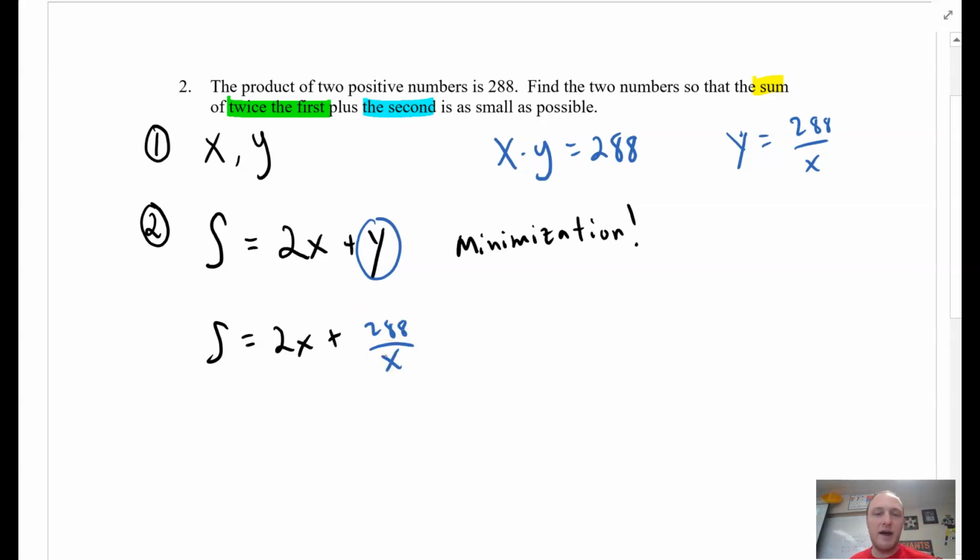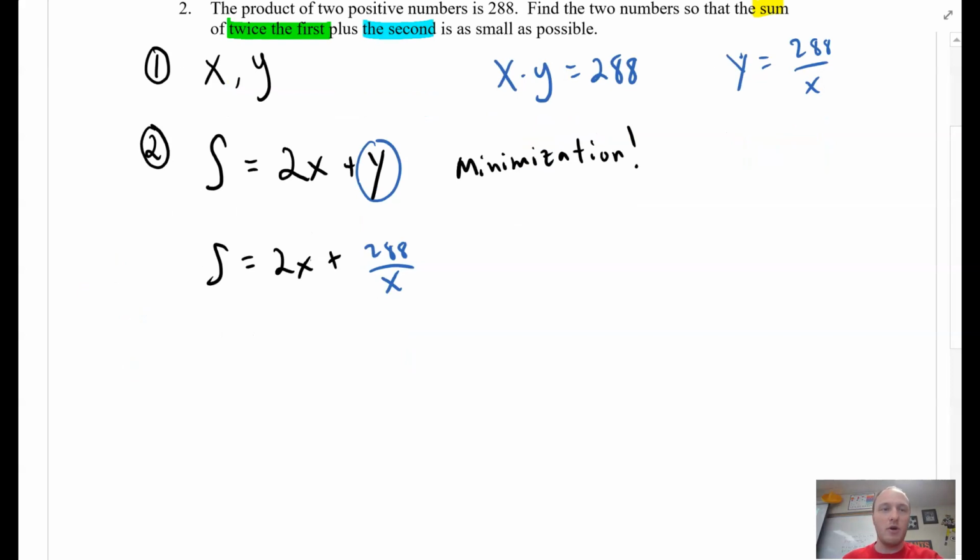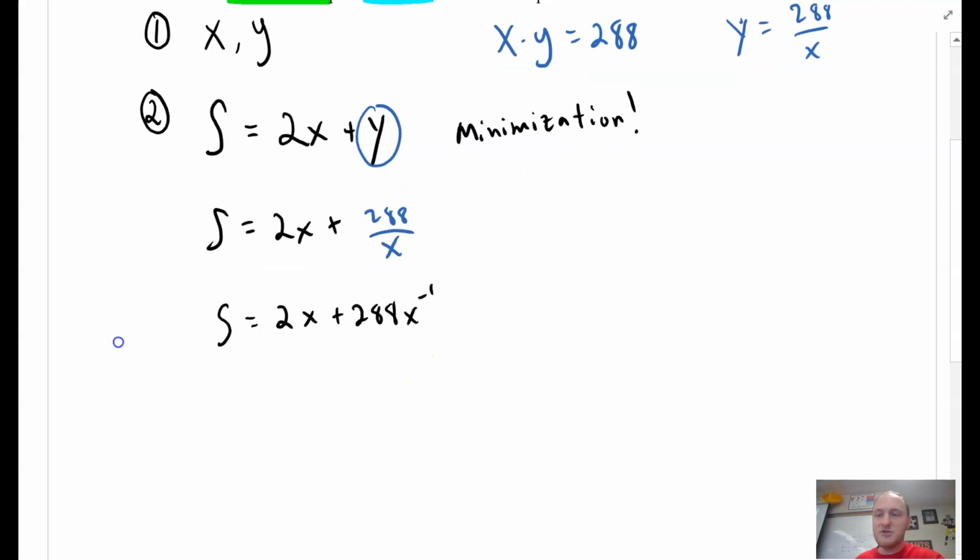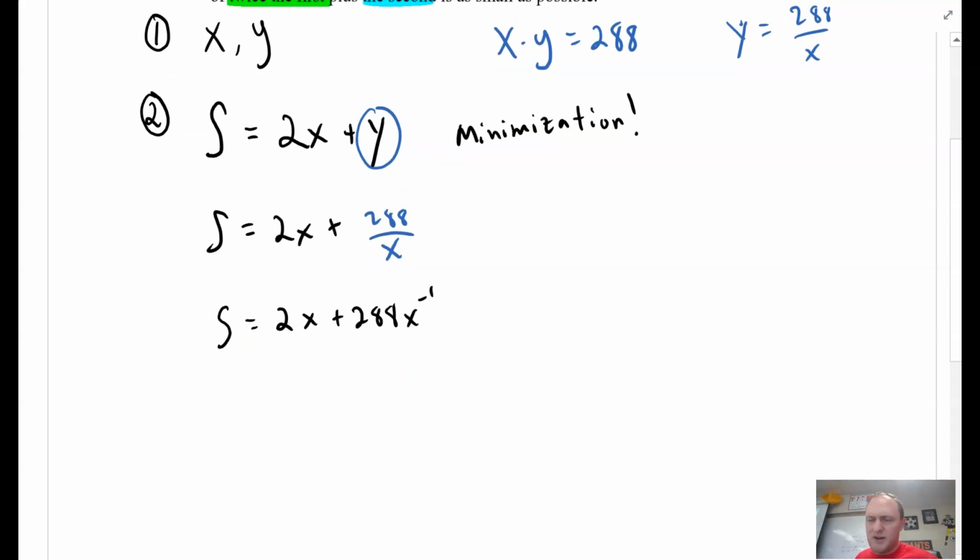Now all I have is one equation, and I will rewrite this as 2x plus 288x to the power of -1. I'm doing this because in step 5, when we take the derivative, we'll easily use the power rule.